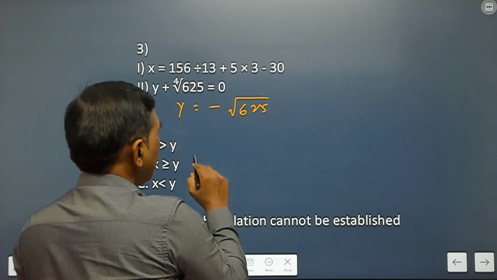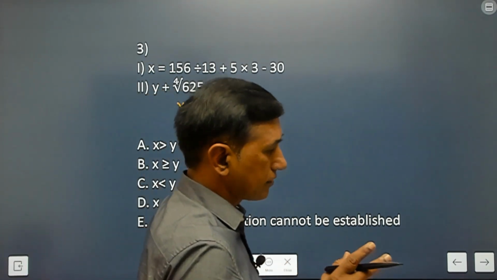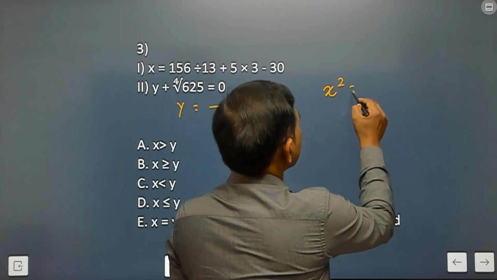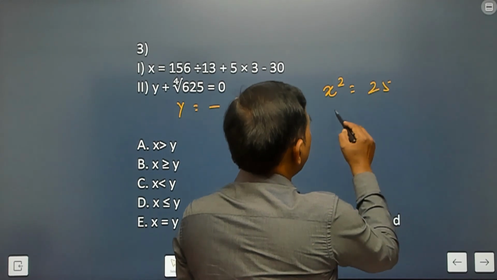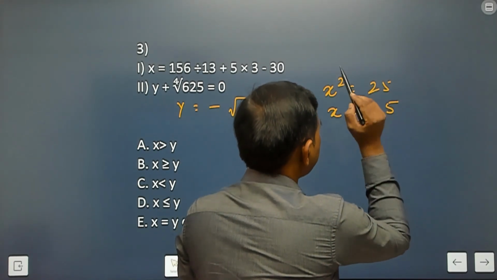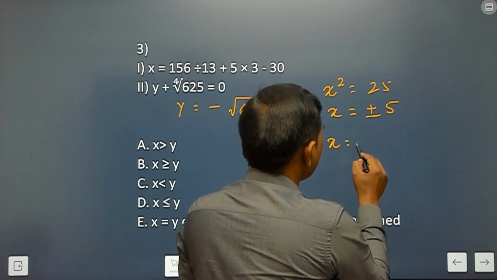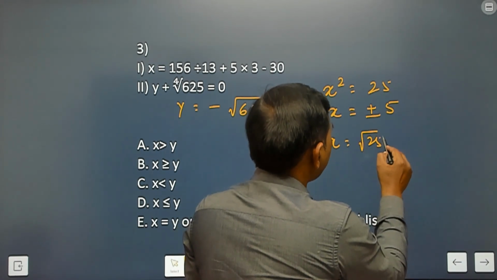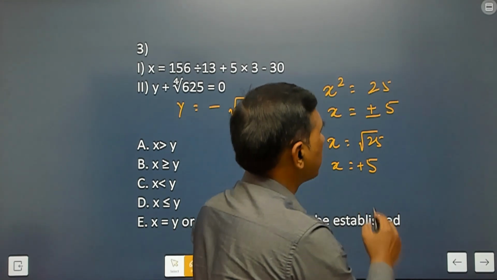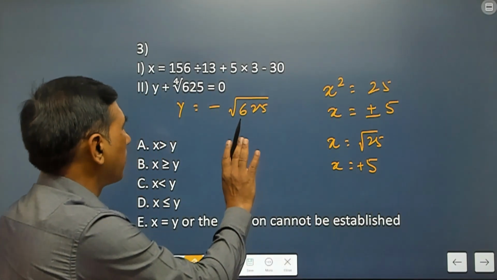So basically here I'll tell you two things. When you have x square is equal to 25, x value would be plus minus 5. When x is root under 25, so x would be plus 5 only. This you have to remember.